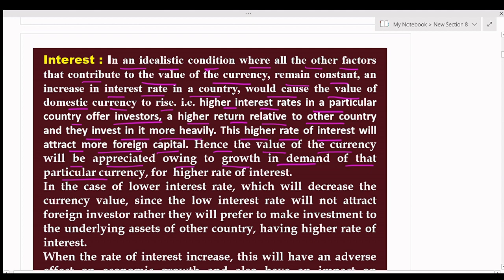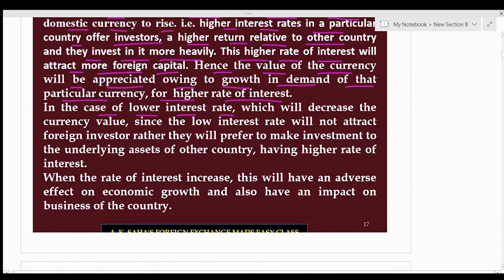In the case of lower interest rate, the currency value will decrease, since the low interest rate will not attract foreign investors; rather they will prefer to invest in the underlying asset of other countries having a higher rate of interest.